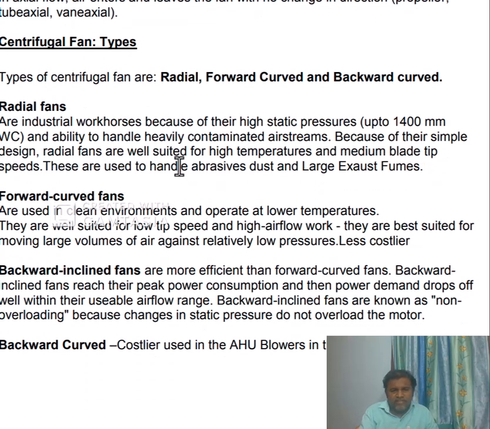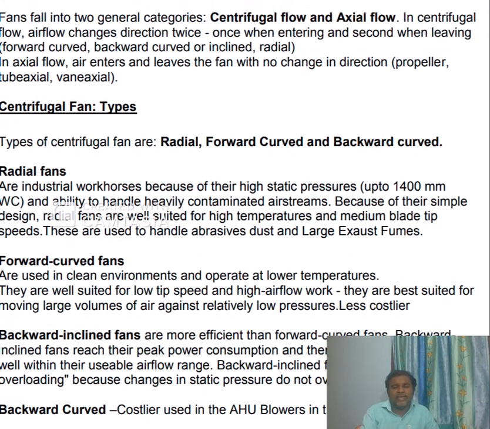Radial fans are used in industrial applications where they work as workhorses because of high static pressure, to remove contaminated air streams. They are used mainly in factory areas where we need to throw inside air to the outside.